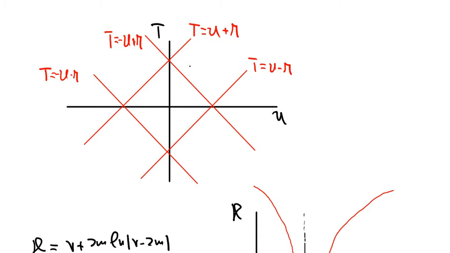So this is R equal infinity. This is r equal infinity. This is r equal minus infinity. This is r equal minus infinity, small r.